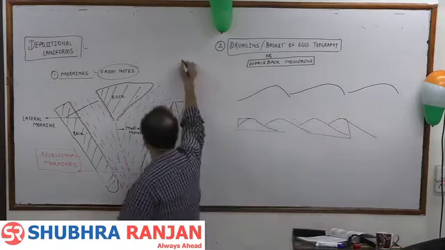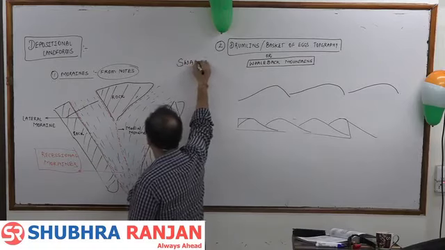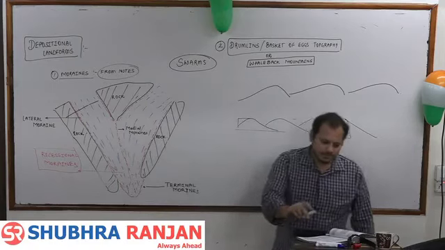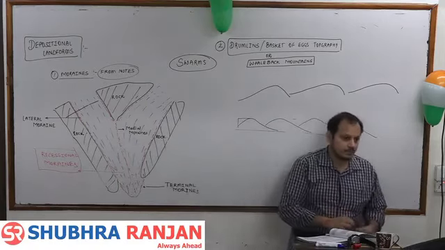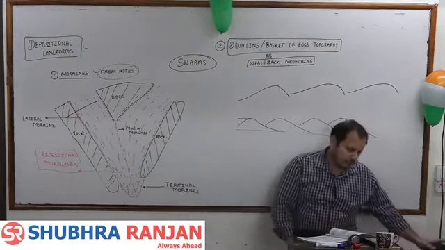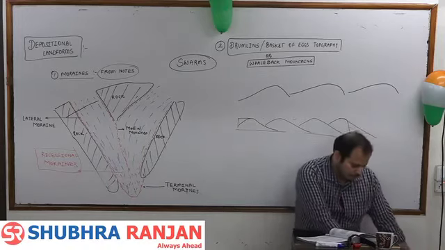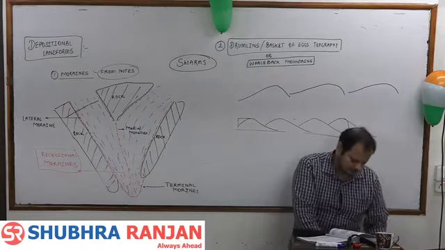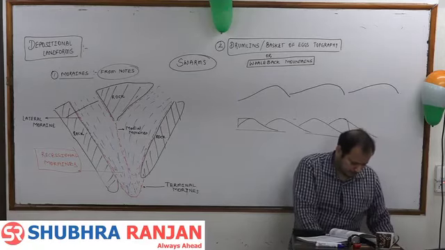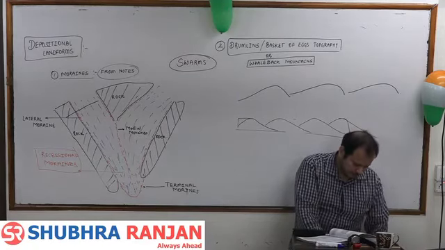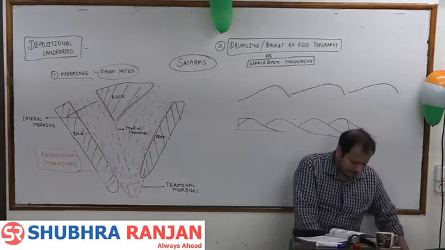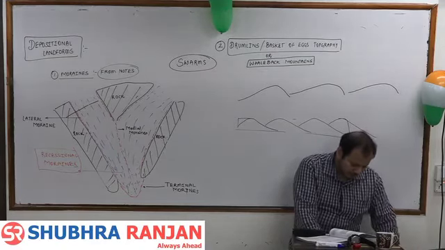These are swamps. What do you mean by swamps? Group of rounded hills having whaleback appearance.